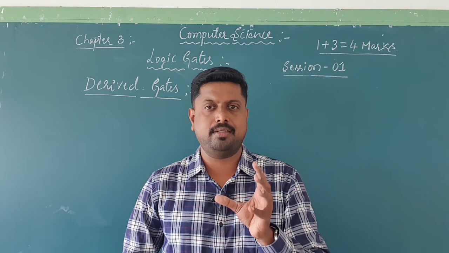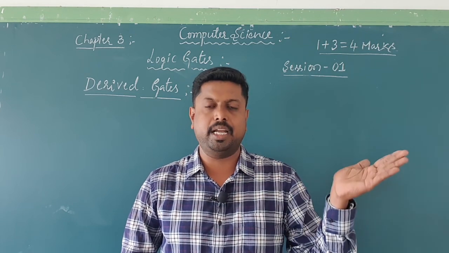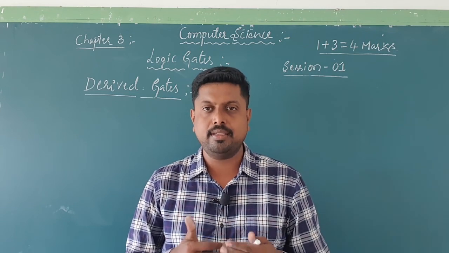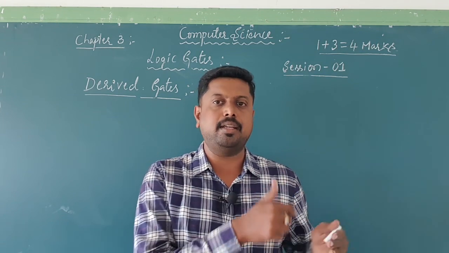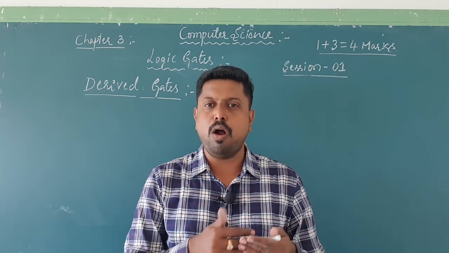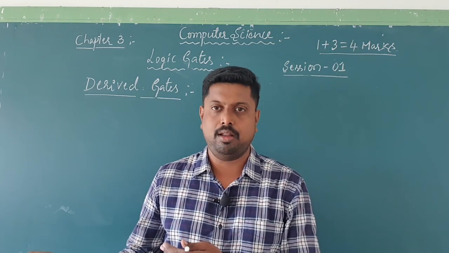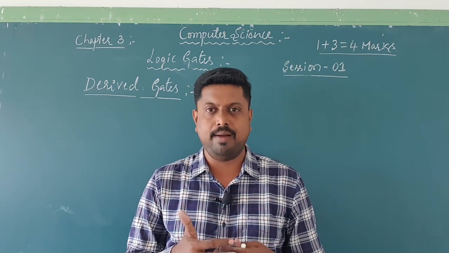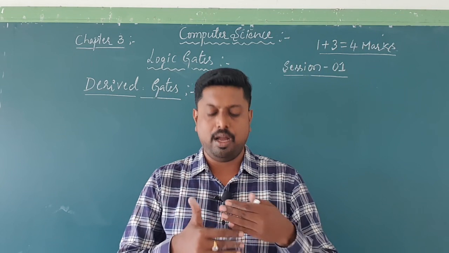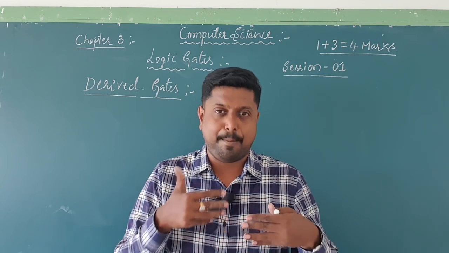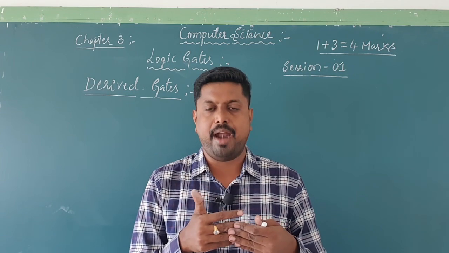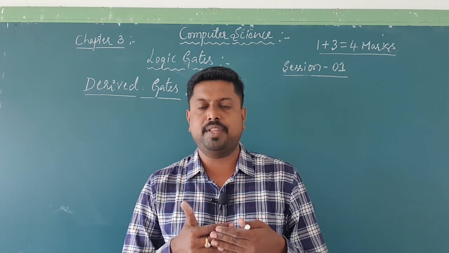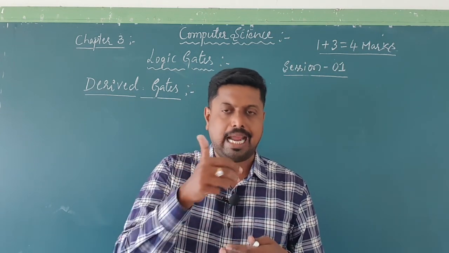Derived gates are derived from basic gates, because in derived gates some combinations will come. NOT with AND, that is NAND. NOT with OR, that is NOR. Like that, some combinations will come. That's why we learn these gates in a combined format, and these kinds of gates are called derived gates.